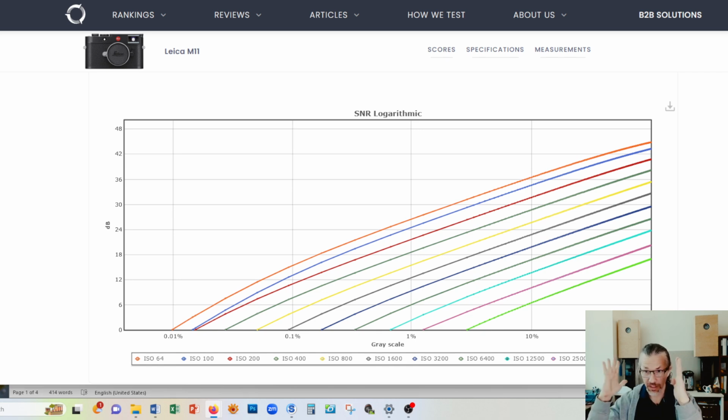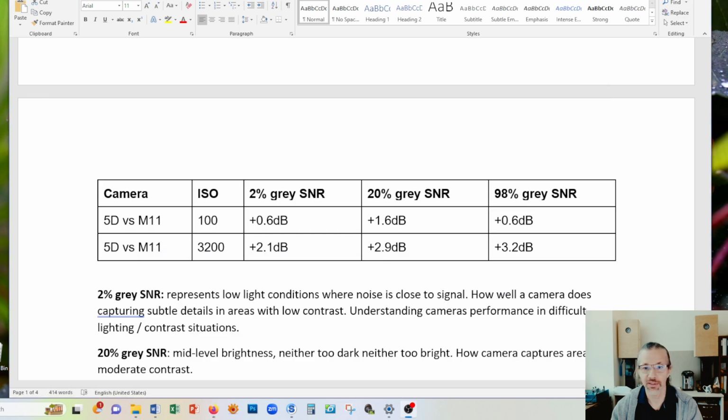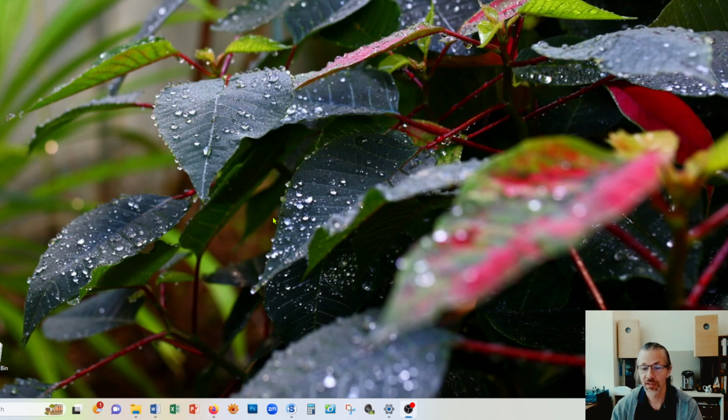However, if you capture it perfectly, let me give you a simple example. This photo that you see here, I captured it with my 5D Classic, and here everything that you see is within 2% grayscale to 98% grayscale.